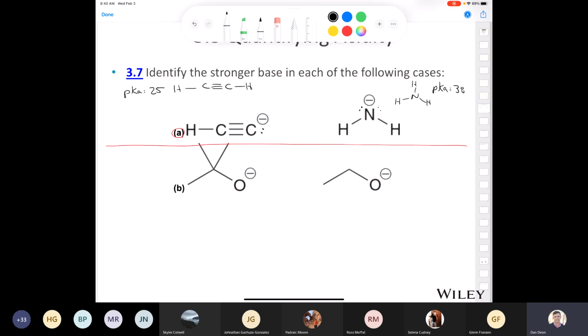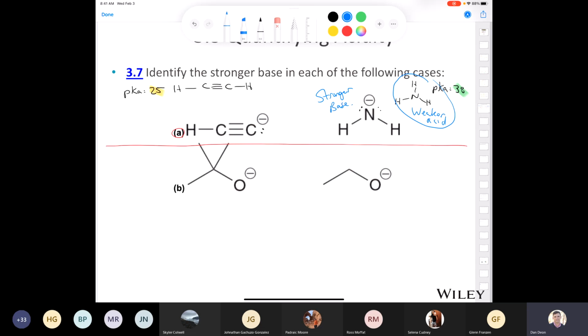The one with the lower pKa is the stronger acid. So this is the stronger acid, and this is the weaker acid, right? We could even write that in here. The ammonia is the weaker acid. And what do we know? We know that the weaker the acid, the stronger the base. So if the conjugate acid is the weaker acid, that means that this base is the stronger base.